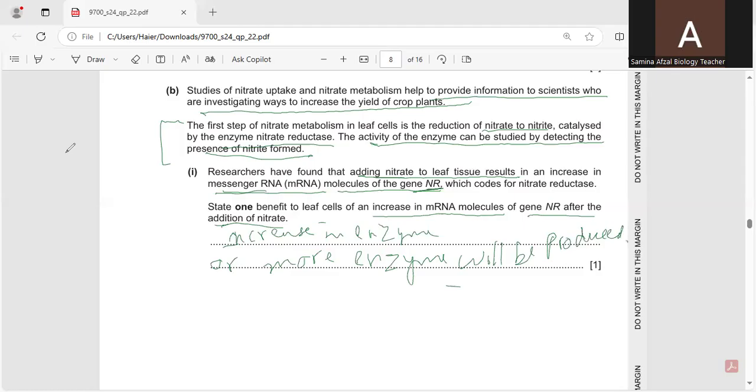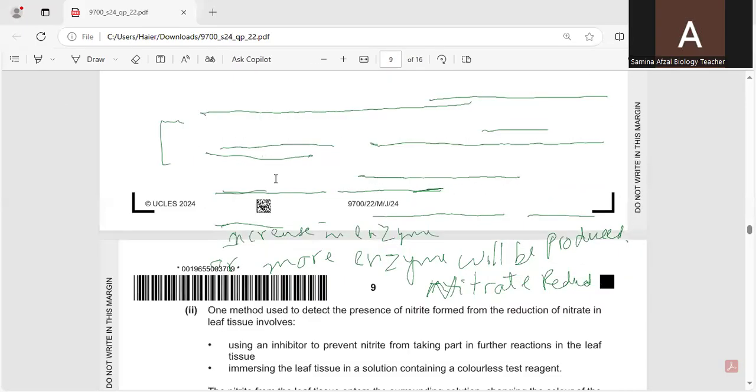And which enzyme? This is the nitrate reductase. So if its activity will be increased, more enzyme will be produced.